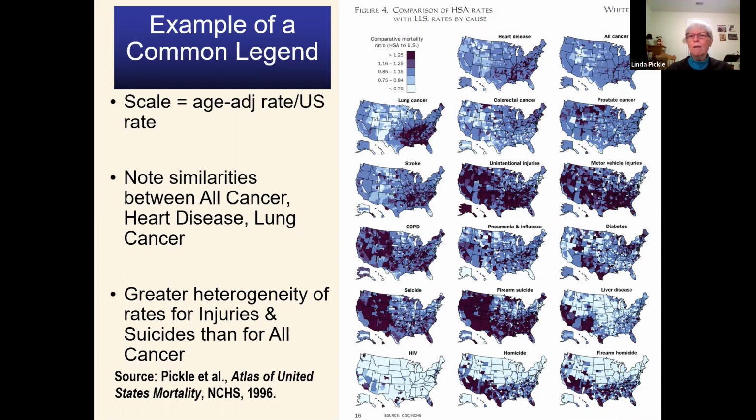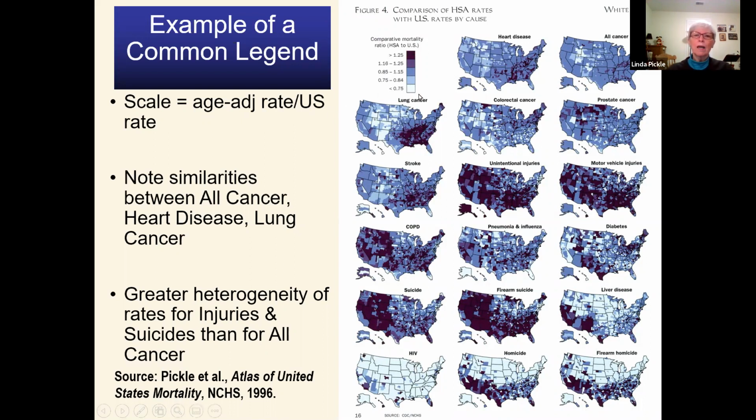Well, I had the same problem as we saw in the cervical cancer series, a very wide range of rates from the rarest cause to the most common cause. So what I did, I used a comparative mortality ratio, and that's just scaling the rates. I divided the age-adjusted rate in each place by the US rate for that particular cause of death. It's called comparative mortality ratio.